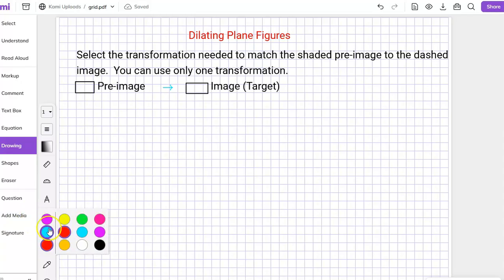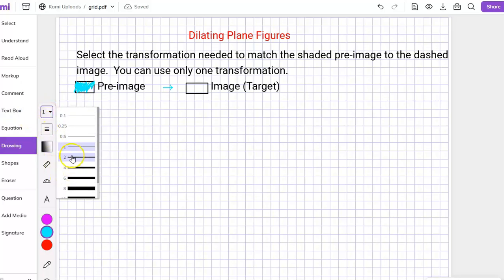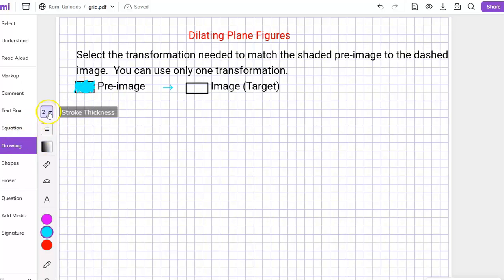Now I'm going to draw, and I'm going to come over here and I'm going to shade my box into blue. And then I'm going to change this to black.